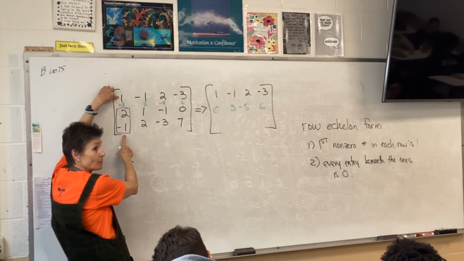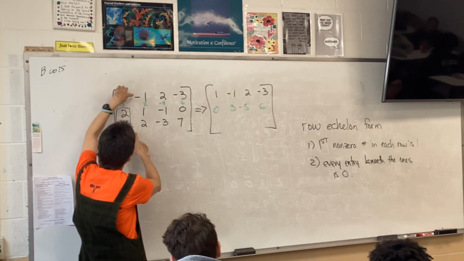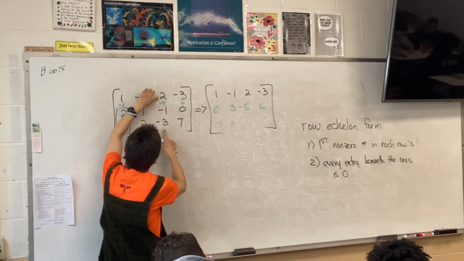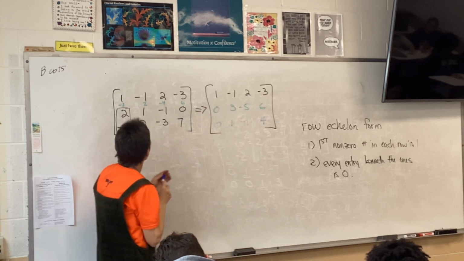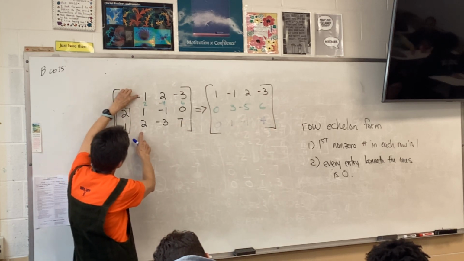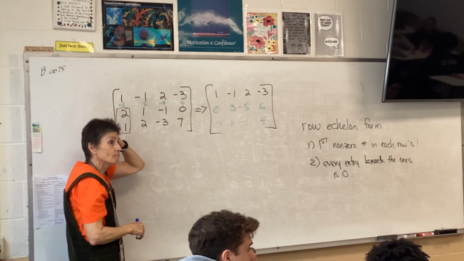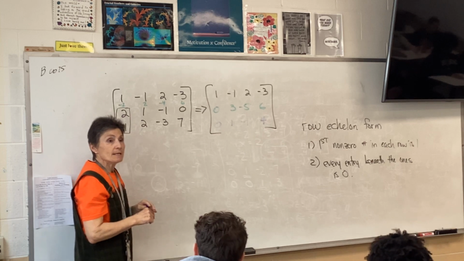Actually, I'm not gonna have to do anything except add. So 0, 1, -1, 4. If I add top and bottom, did I add right? Okay.